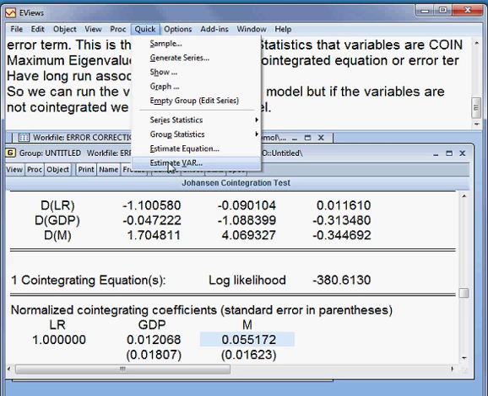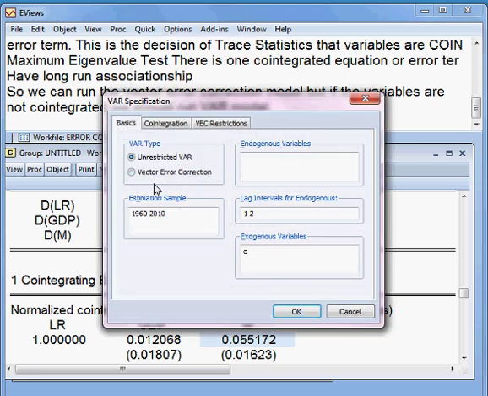So I go to estimate VAR. Then I put the variables. First I put lending rate as a dependent variable, then GDP, and then M, money supply. So here LR is the dependent variable and GDP and M are independent variables. So what is our target?